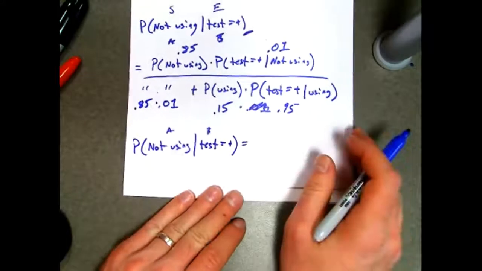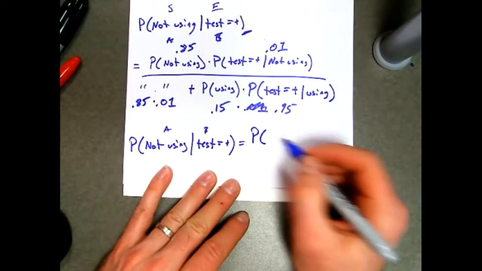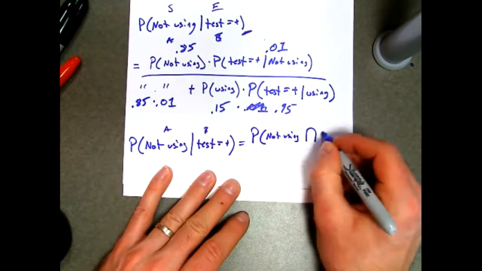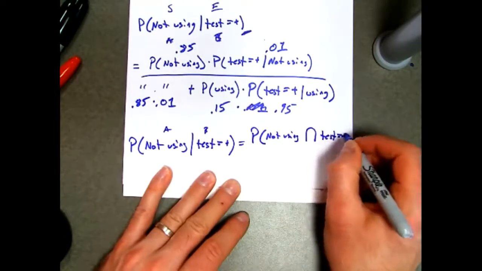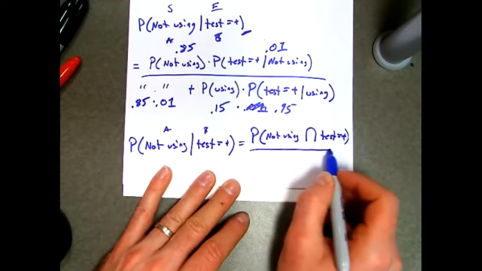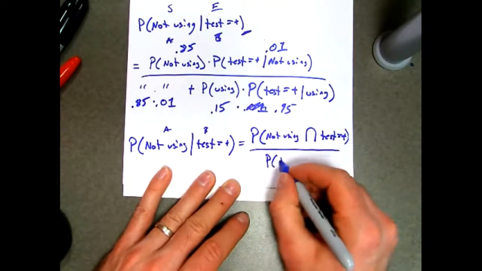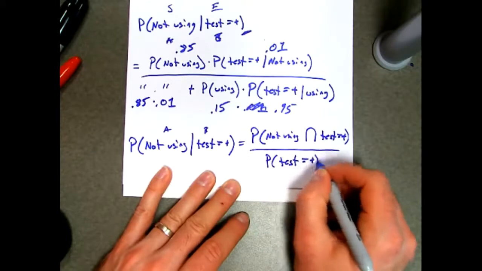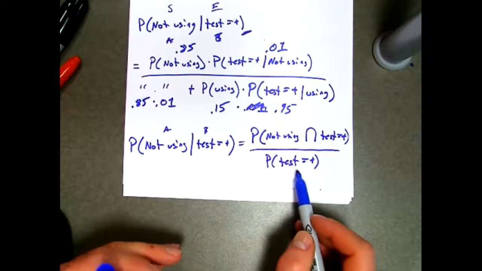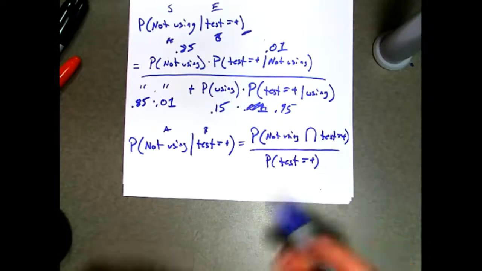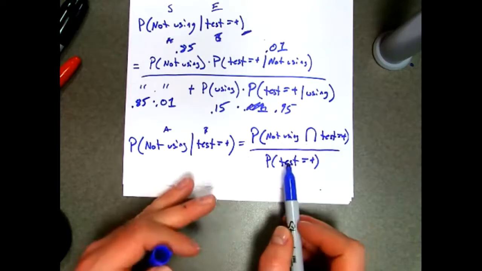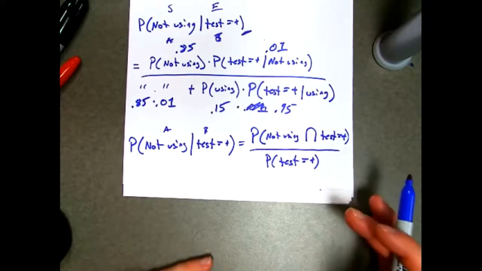So I know that the conditional probability is the same as the intersection, so that they're not using and the test comes back positive, divided by the probability of what I'm conditioning on. If I had written it out this way, I'll very quickly realize I wasn't given any intersections. I wasn't given just the probability that, without any information, the test comes back positive. So if you try writing it out this way, you're like, I don't have these probabilities. That's a good indicator you can use Bayes' theorem.